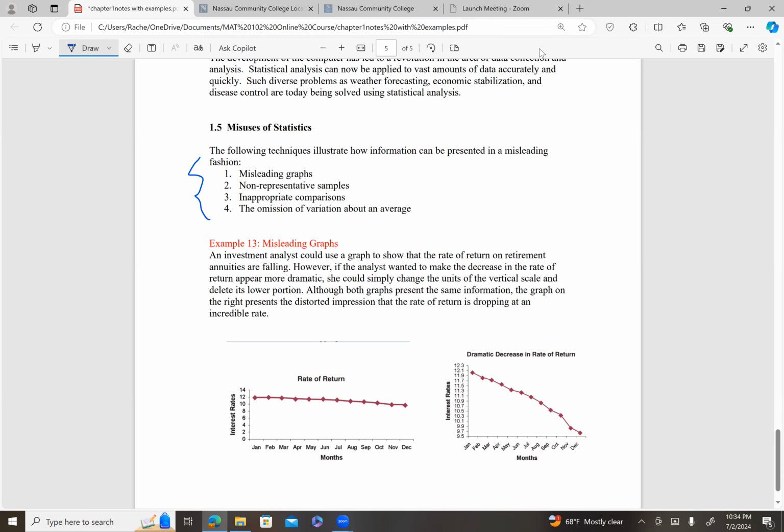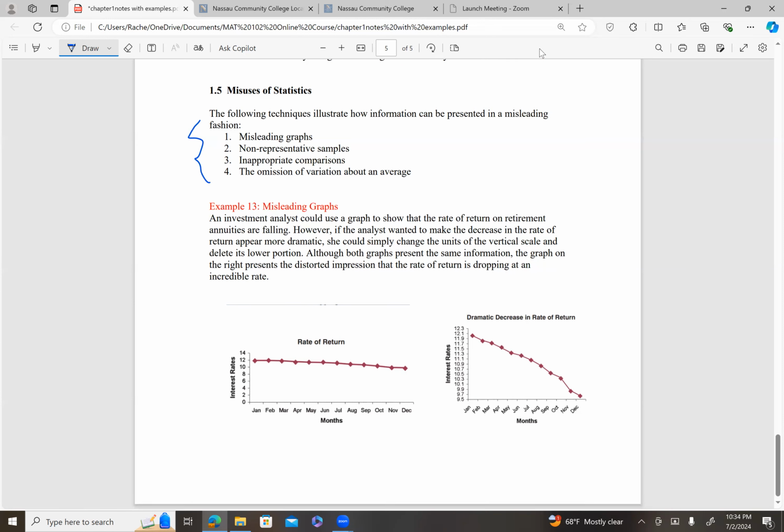And 4, the omission of variation about an average. If we omit certain information, that could be very misleading. When you're reading chapter 5, and you'll also be assigned some homework questions, we'll be able to give further examples as to how statistics can be misused.